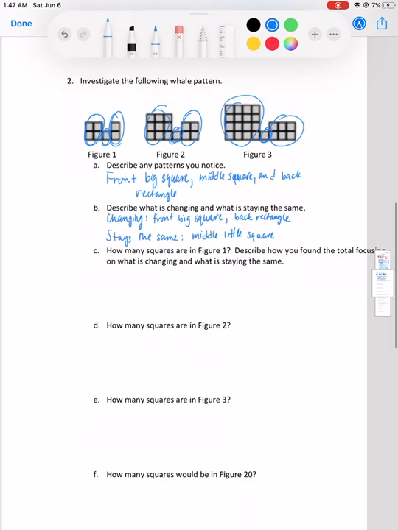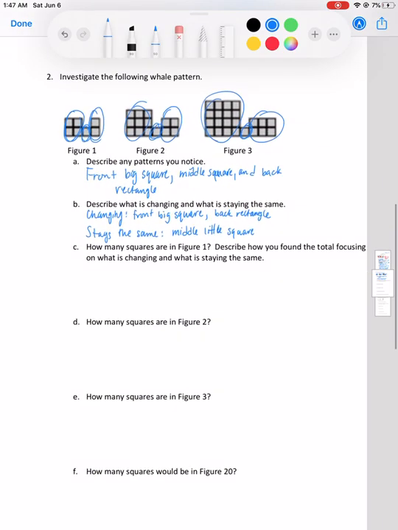All right, let's find out how many squares are in figure 1, where we continue to focus on what is changing and what is staying the same. Okay. So in figure 1, there are 4 little squares in the front big square.